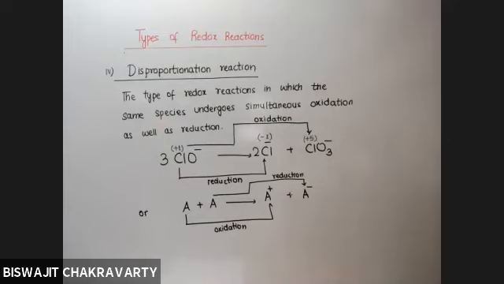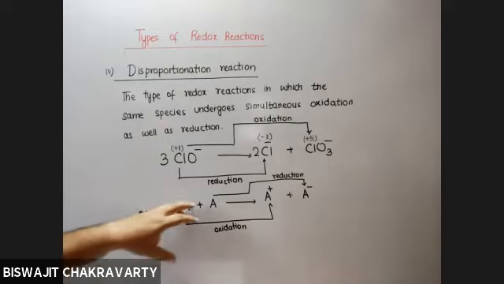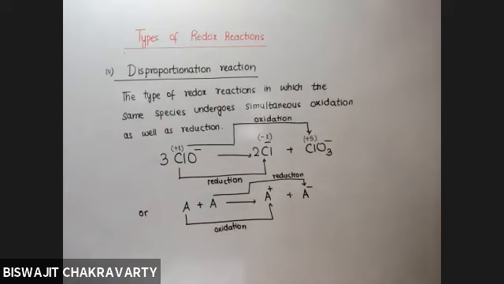Now the question arises, what kind of substances can show disproportionation reactions? Those who are at their highest oxidation state, those who are at their lowest oxidation state, or those who have intermediate oxidation state? What do you think? We have discussed today that an element has a range of lowest oxidation state to highest oxidation state.